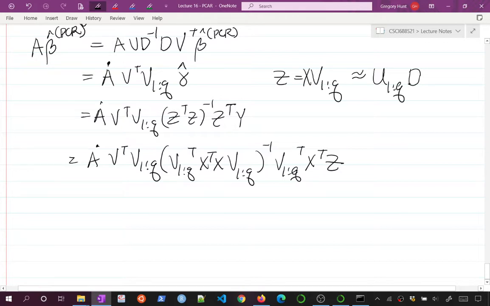And as we saw before, X transpose X is, what did we get? V D squared V transpose, something like that. And so, okay, let's keep going a little bit more.